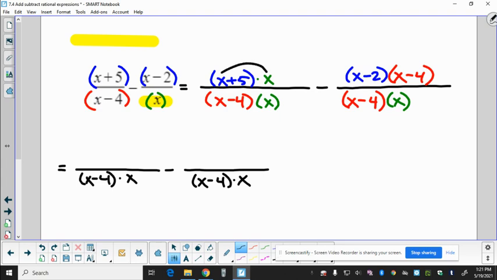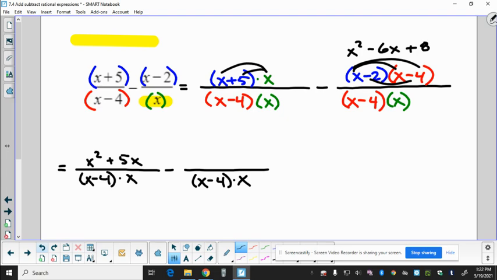Okay, up top here, we're gonna have x squared plus 5x. And this one, we can do a little FOIL method. So that'd be x squared, it's gonna be minus 4x minus 2x. That's gonna be minus 6x, isn't it? And then plus 8.